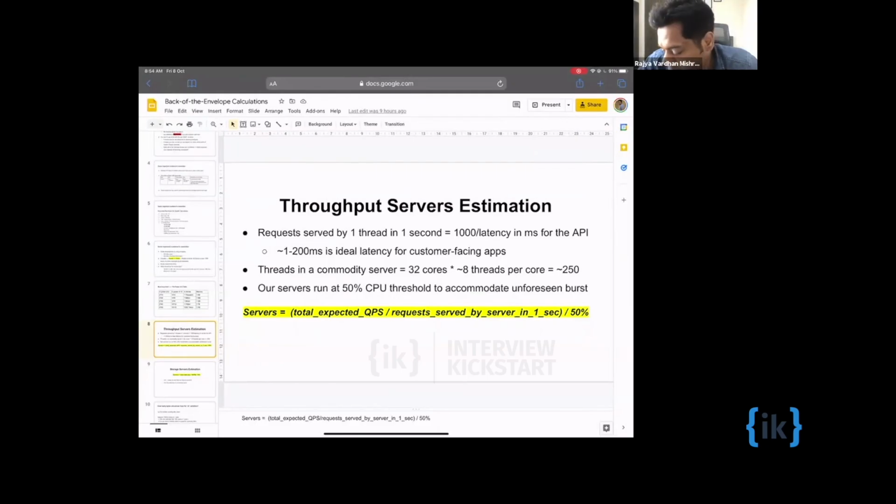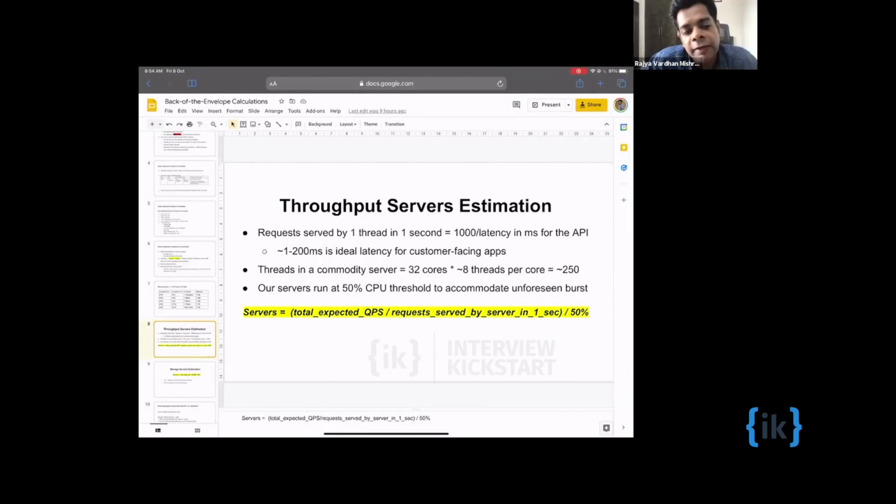During an interview, we also sometimes need to identify the expected latency of the core API of the system. If it is a customer facing application that you are designing, let's say you are searching something on Amazon e-commerce, these are customer facing apps.